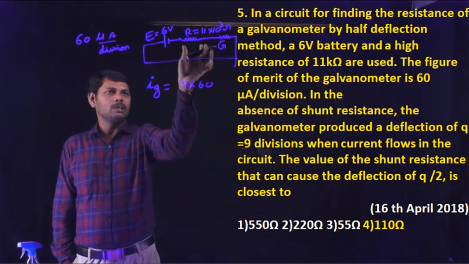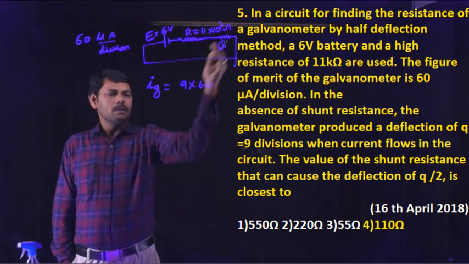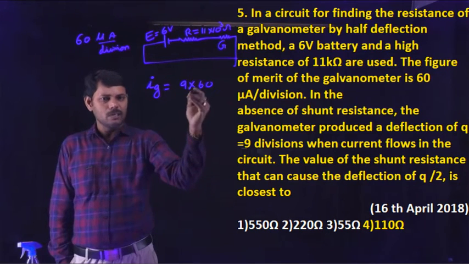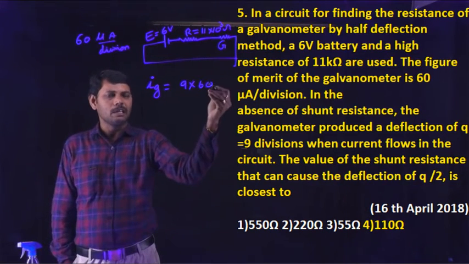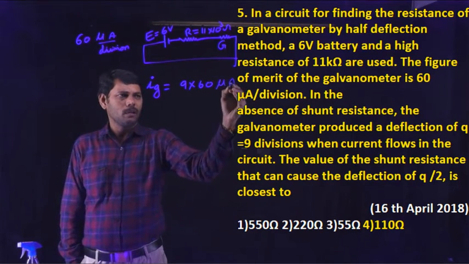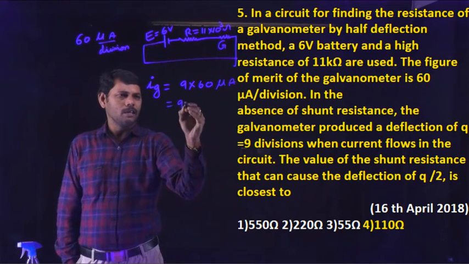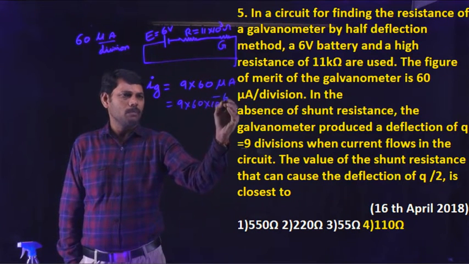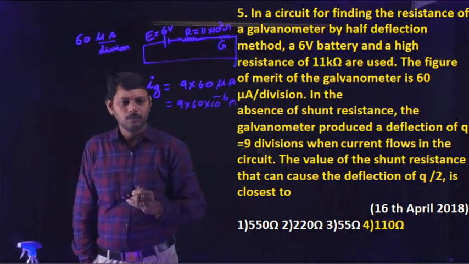Now in this circuit, the galvanometer shows 9 divisions. So the current passing through the galvanometer is 9 into 60 microampere. That is 9 into 60 into 10 power minus 6 amperes, which is the Iz value.